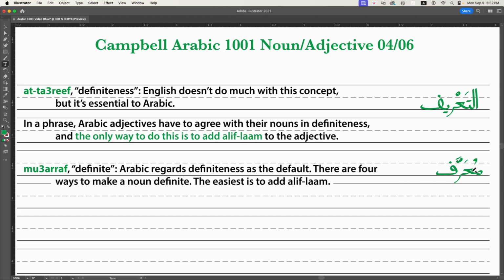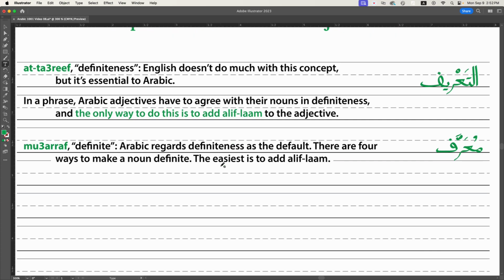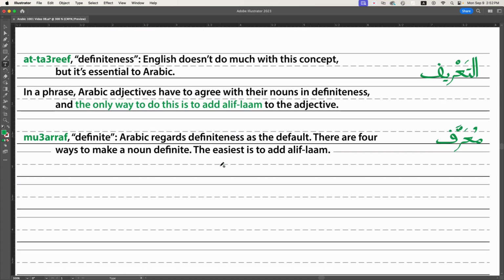So we can see the ayn ra fa here. And if ta'rif is making something known to somebody, mu'arraf is something that has been made known to someone. So literally introduced or made known. Arabic regards definiteness as the default. You want everything to be definite, and you need a good reason for something to be indefinite.